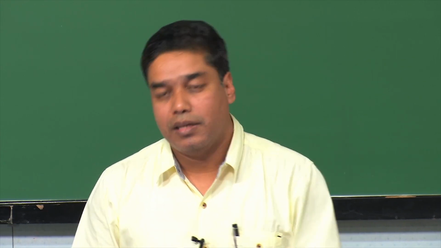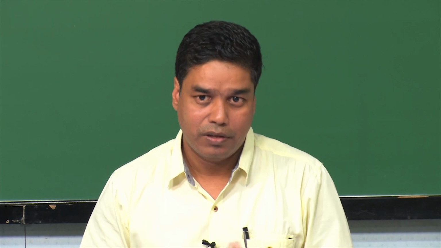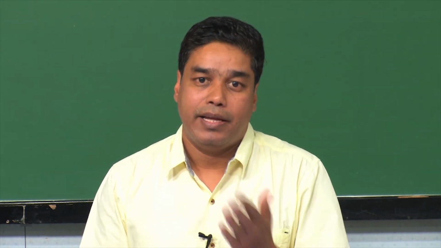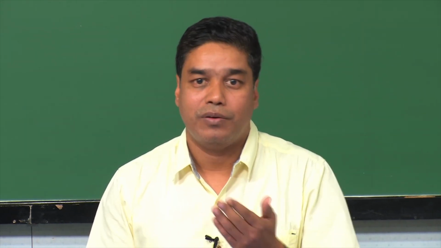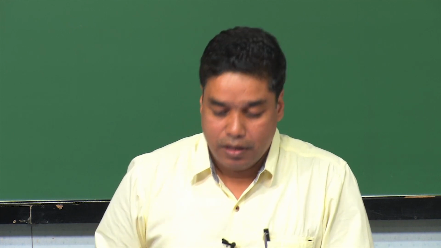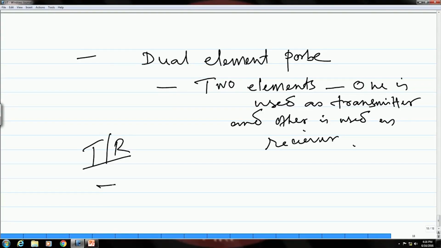So, one element will transmit the ultrasonic pulses into the sample and the other one will receive. So, there will be no problem in receiving, because the fluctuations are not in the picture in this case, because a different element is receiving the echo which is coming out from the sample. Okay. So, this is another way of addressing the dead zone effect.